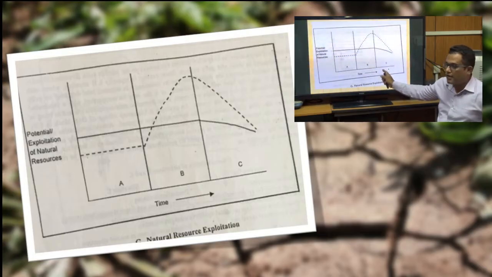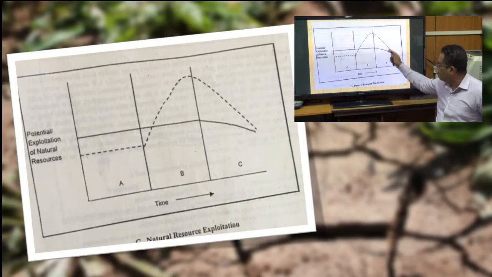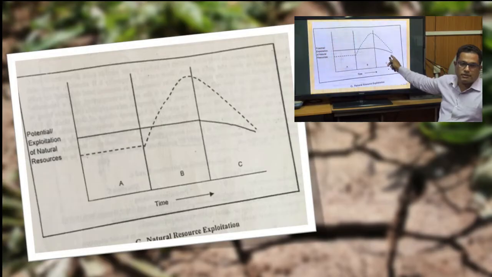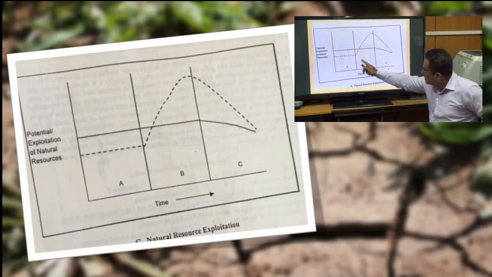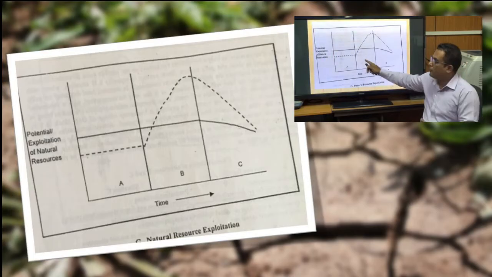Time is a time horizon, maybe a few decades, like time horizon A, time horizon B, time horizon C. This dark line indicates the potential of the system, and the dotted line is the exploitation of the system.